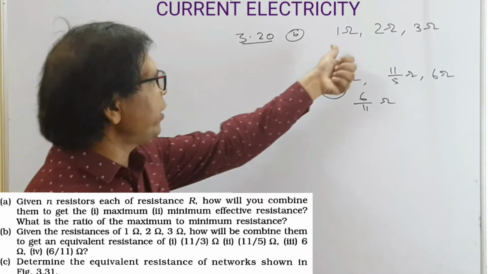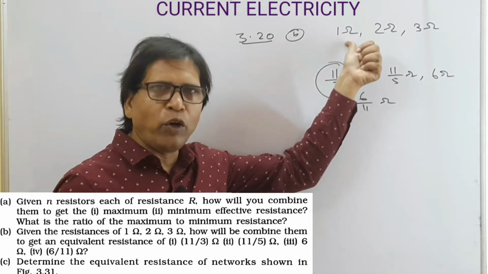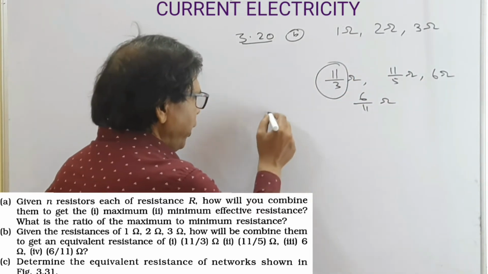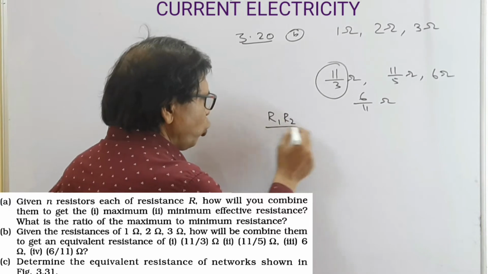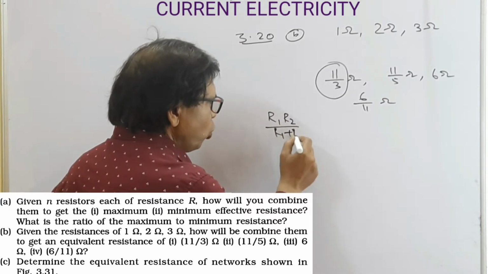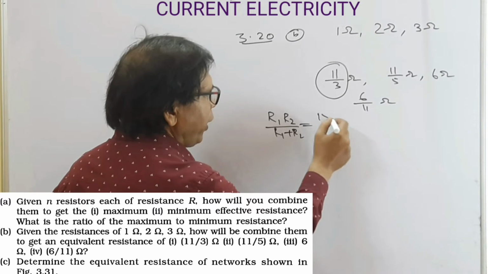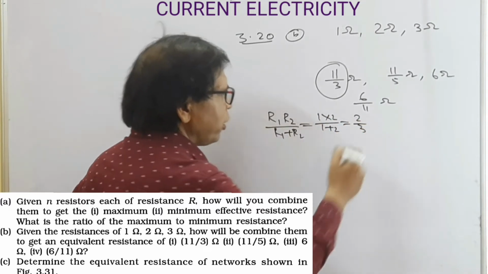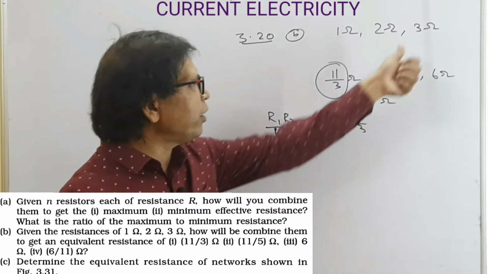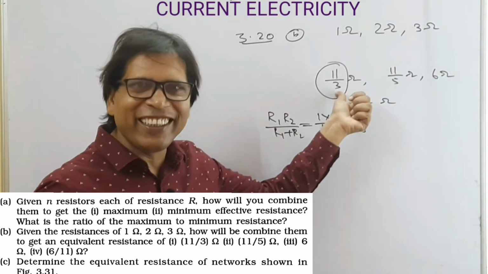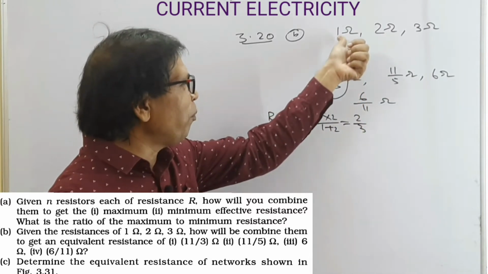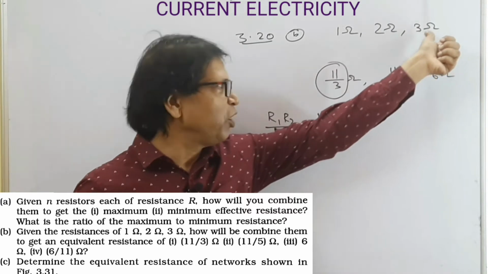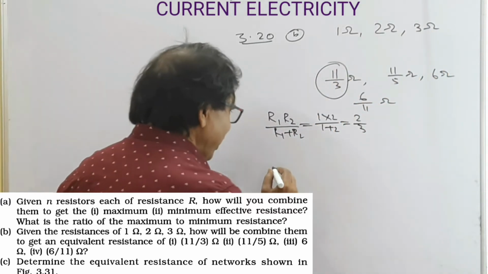If two resistances, 1 ohm and 2 ohm, are connected in parallel, then the equivalent resistance becomes R1 R2 by R1 plus R2, so 1 into 2 by 1 plus 2, which is 2 by 3. Now 2 by 3 plus 3 equals 11 by 3. So the parallel combination of these two, connected in series with the 3 ohm, gives 11 by 3.